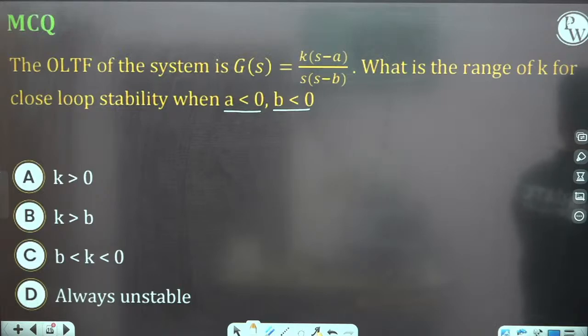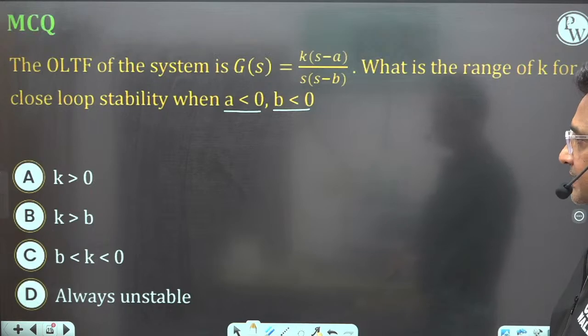This is a simple one. C, k is greater than b.